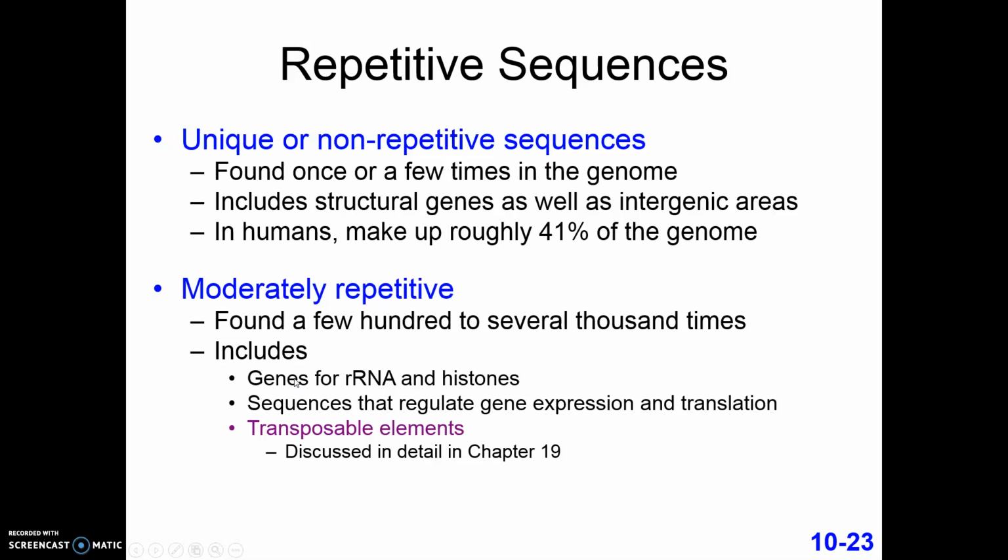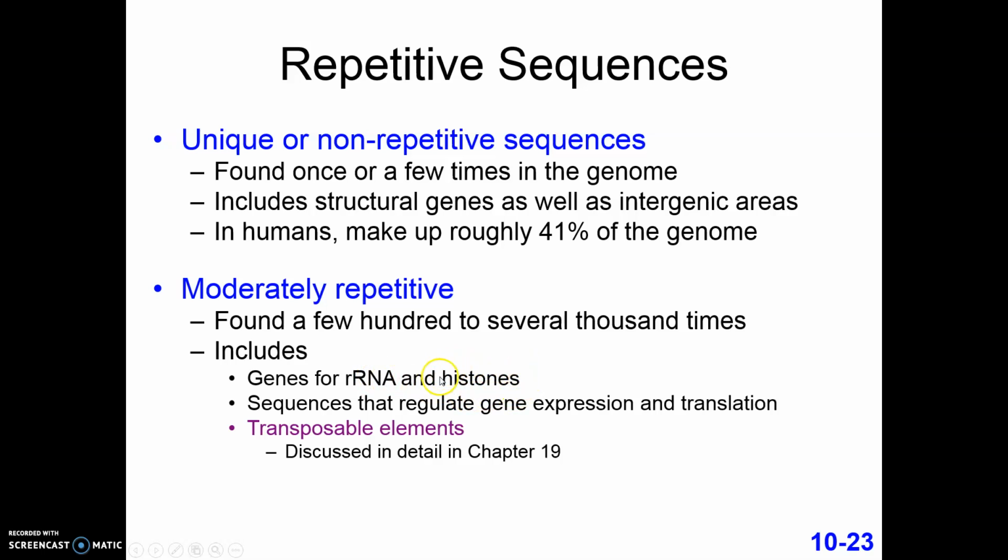Some genes that are very common and we need a lot of them, we have multiple copies of. So here is the RNA that makes up ribosomes. And again, ribosomes turn messenger RNA into proteins. We need to do that a lot, so we have multiple copies of those.